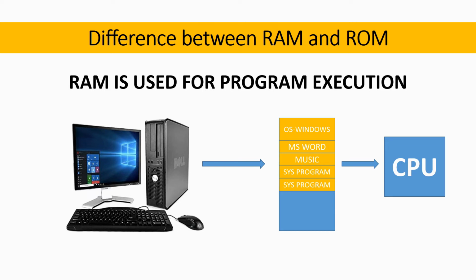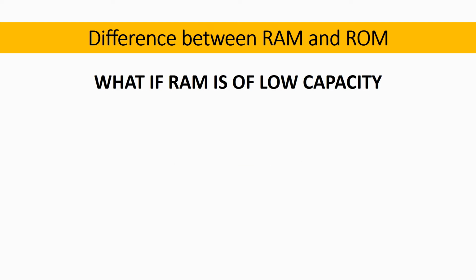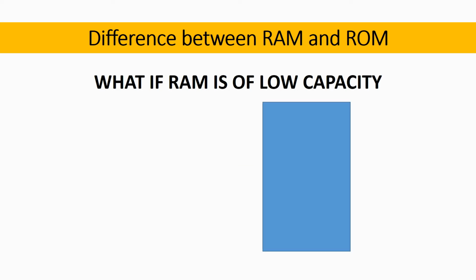So we always say that the RAM should be of a better capacity. Okay, what if the RAM is of low capacity? What will happen? That we will see. Assume that your RAM is of low capacity. Let us assume that this is a RAM. The OS is always present in the RAM, first thing.